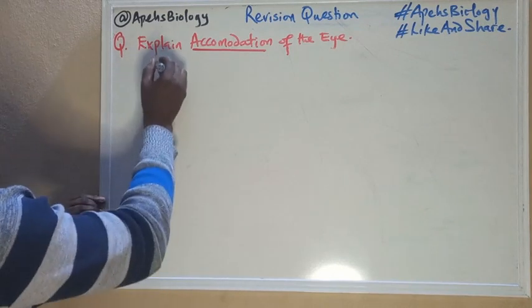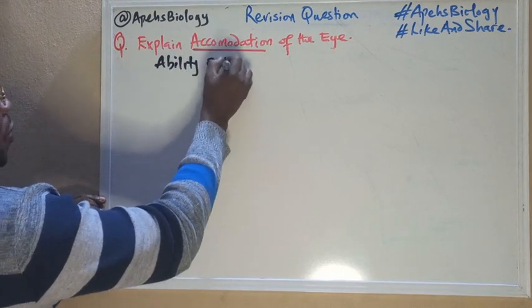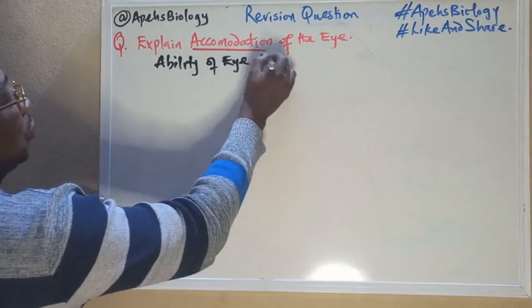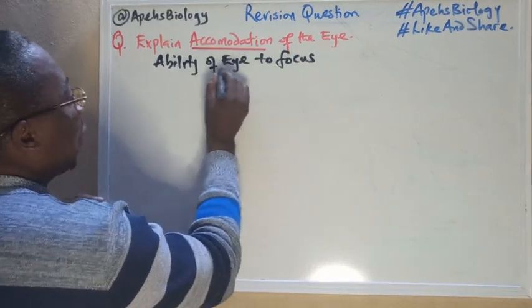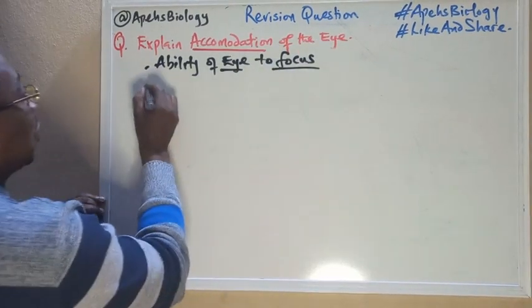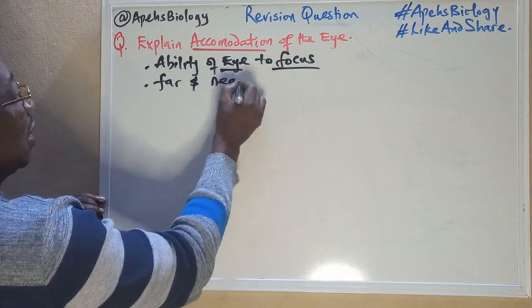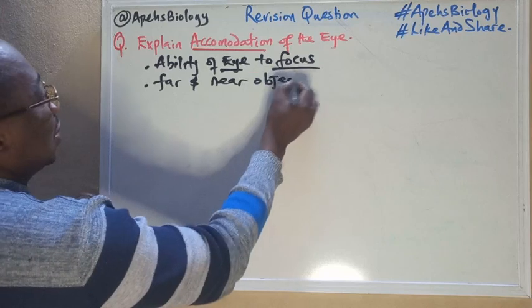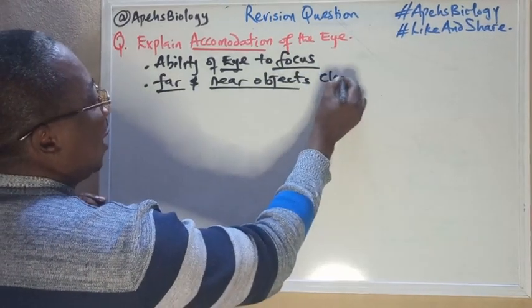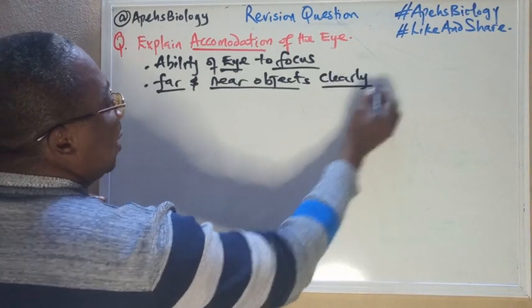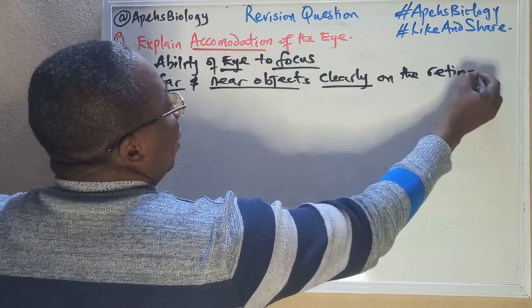Accommodation of the eye is the ability of the eye to focus far and near objects clearly on the retina.